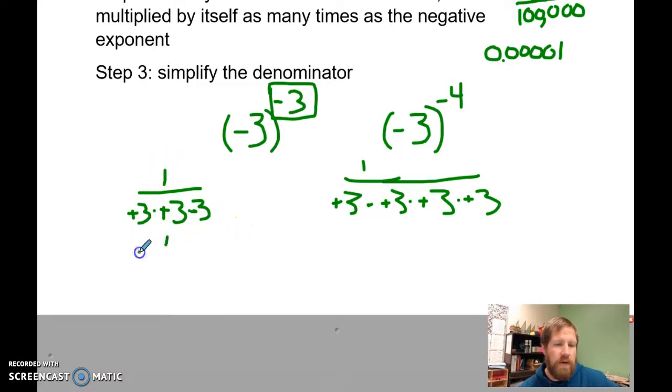So this one's going to be 3 times 3, 9, times negative 3, so 1 over negative 27. And this one, 3 times 3 times 3 is 27, times 3, which is 81, and it's positive. There you go.